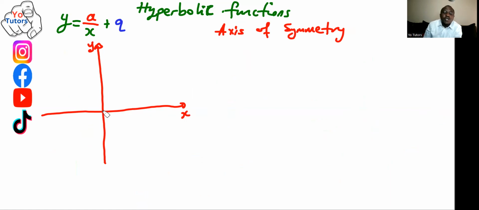Let's just talk of a over x. If y equals a over x, we know how the graph behaves. The graph behaves like this. Okay, this is the graph, and this is the graph.